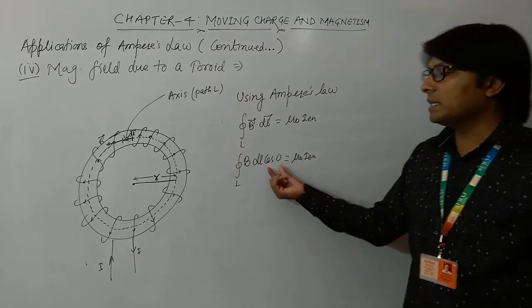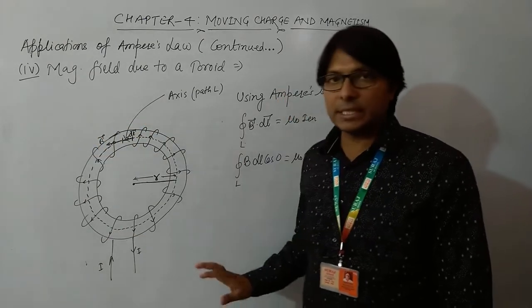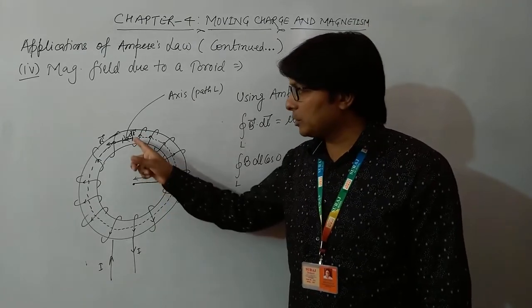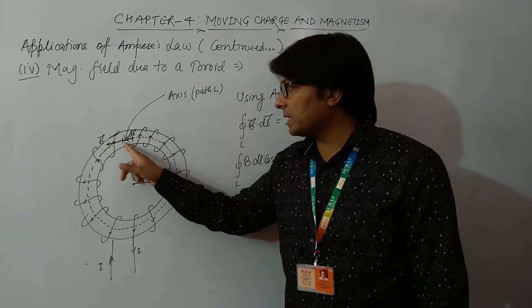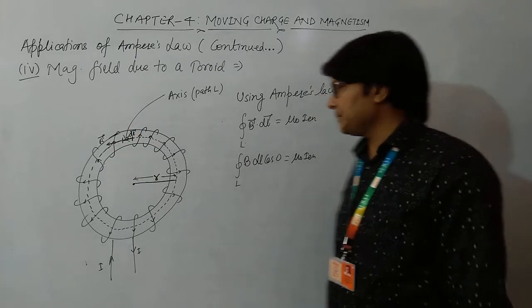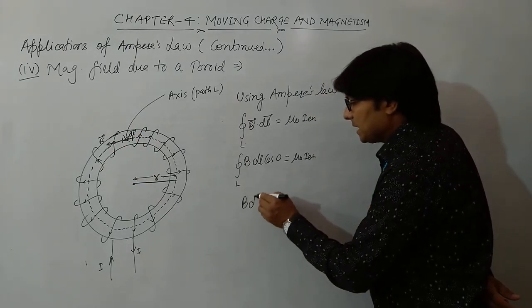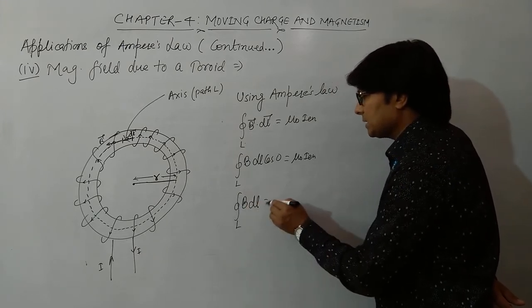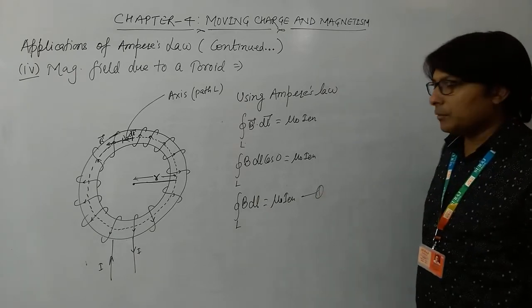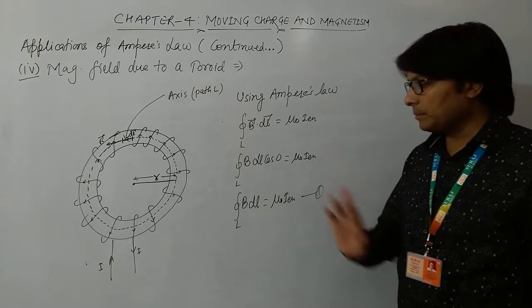This holds for each and every point on this axis; wherever you take this dl length, the B vector will always be along the dl vector, so the angle will always be 0. So it can be written as integration of B dl over path L is equal to mu 0 I enclosed. Suppose this is equation first. We have to put the value of I enclosed here to find the magnetic field.